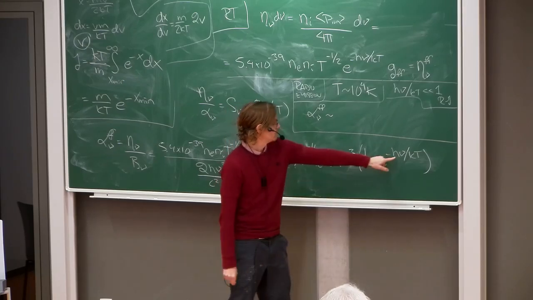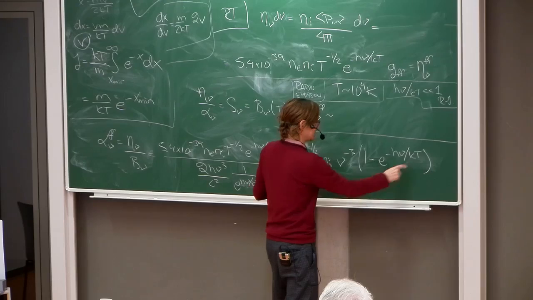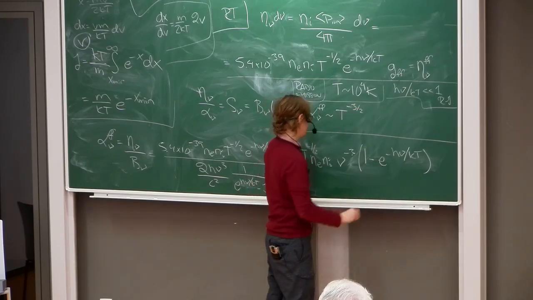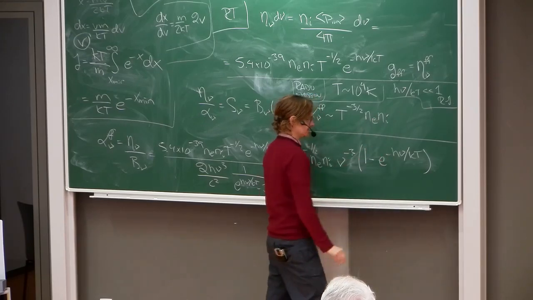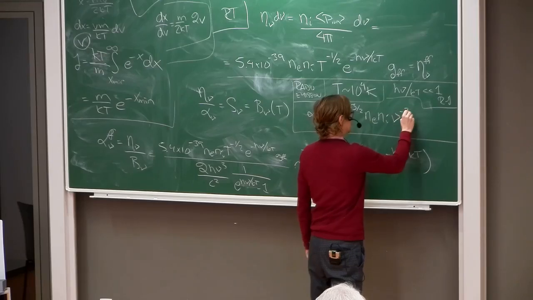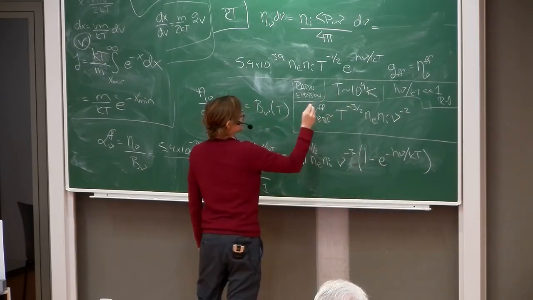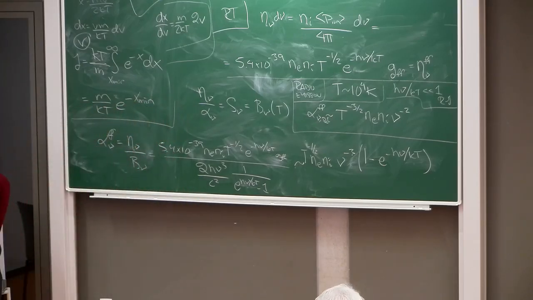And then 1 nu comes out, and 1 over T. So this becomes T to the minus 3/2, N_e, N_i, nu to the minus 2. So that's the proportionality in the Rayleigh-Jeans part of the spectrum.